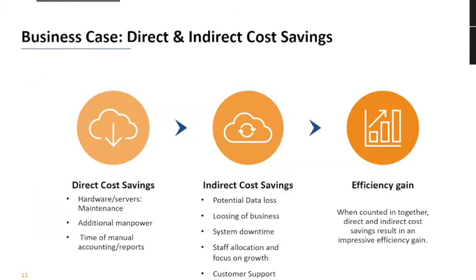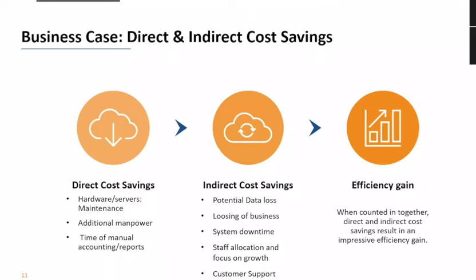Okay. So of course, when we have our selection criteria and we consider the regulatory environment, we have to think also about the business case. With digitalization, institutions should gain efficiency while having direct cost savings and indirect cost savings. Direct cost savings would be hardware and servers and maintenance, additional manpower, time of manual accounting and report preparation.